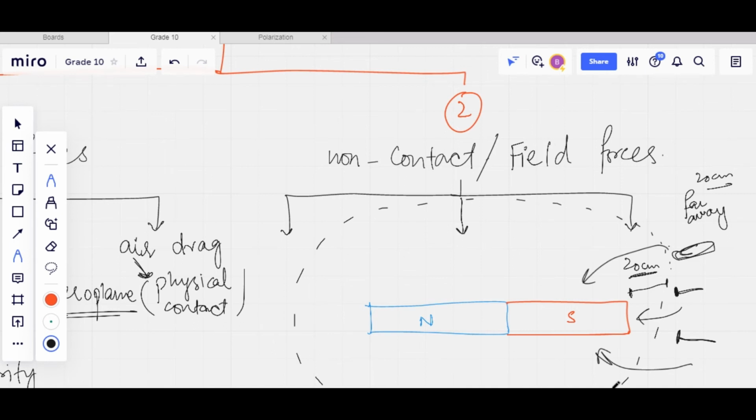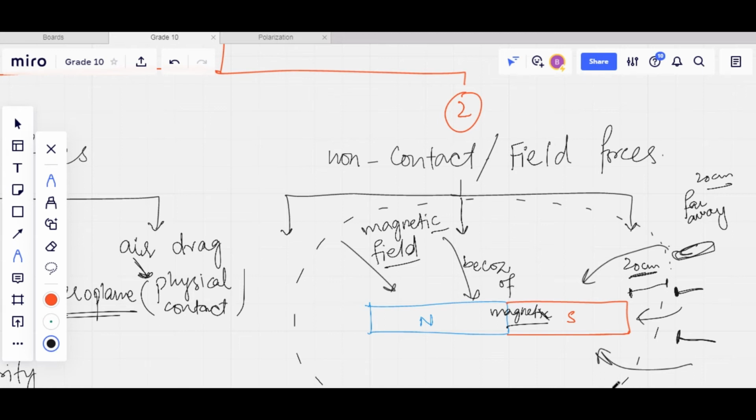So this range is considered to be the field of this magnet, which is known as a magnetic field. Why do we call it a magnetic field? Because it is because of this magnet. That's why we call it a magnetic field.